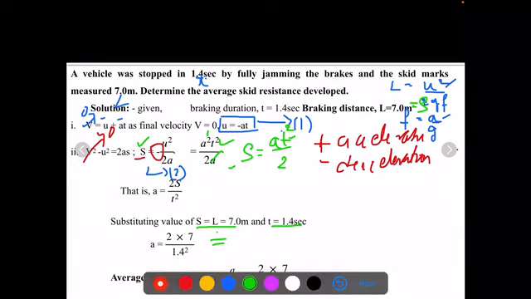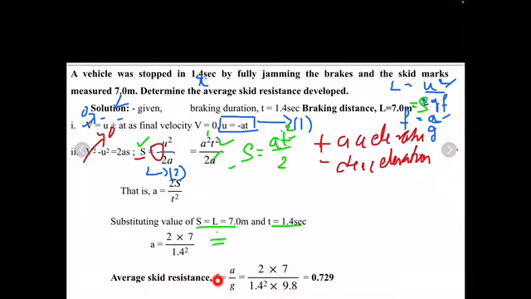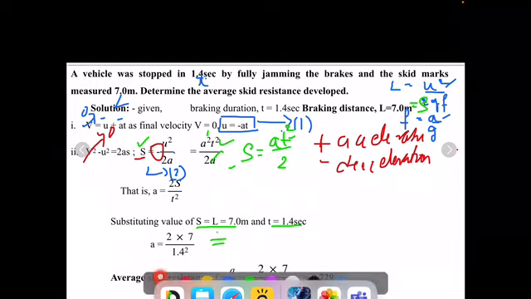Substitute in that formula: a value is 2 into 7 divided by 1.4 square, and g value is 9.8. So we have got the friction developed.